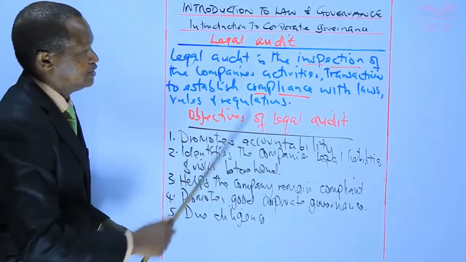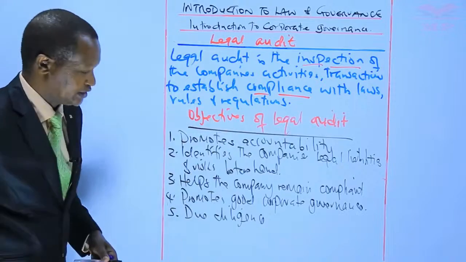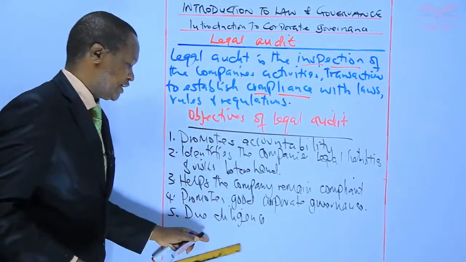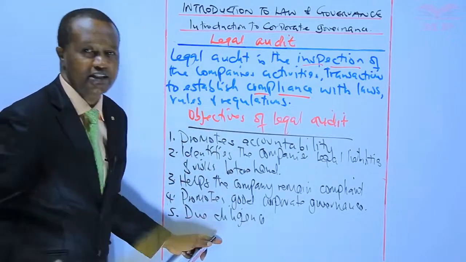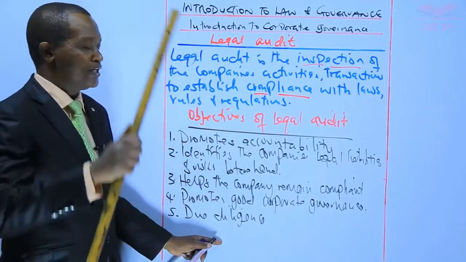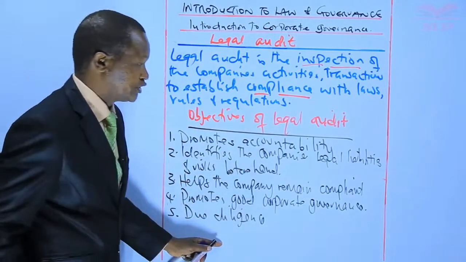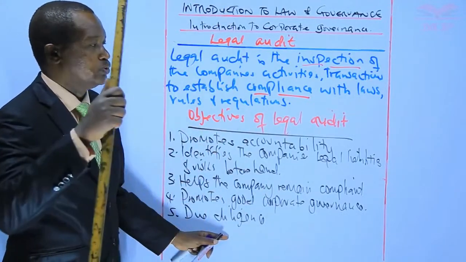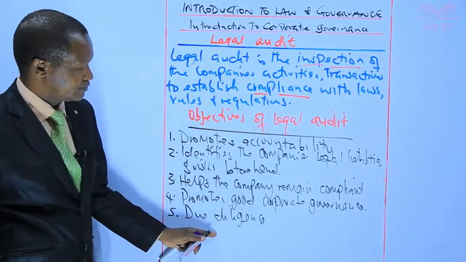When the directors conduct a legal audit, that legal audit helps the company to carry out due diligence. That demonstrates that the directors have done what? Have carried out due diligence with regard to the activities undertaken by the company, and that minimizes exposure to directors' personal liability.